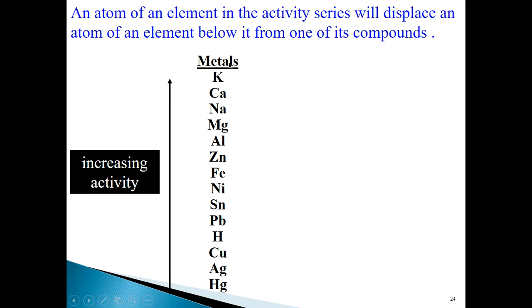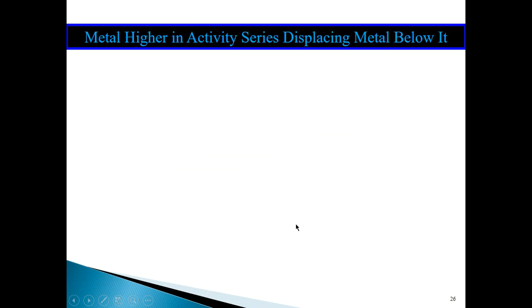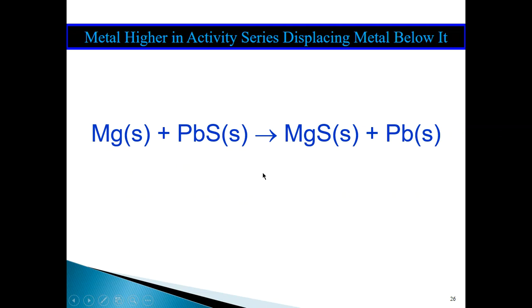So basically, the higher the element is in this activity series, the more likely it will displace a lower one from a compound that the lower one is a part of, all right? So for example, sodium, which is here, will displace any one of these elements from their compounds, all right?